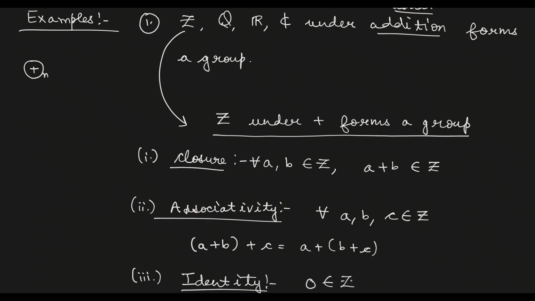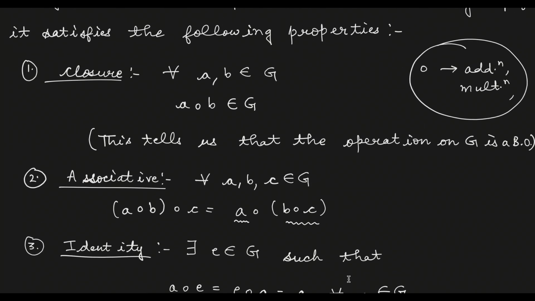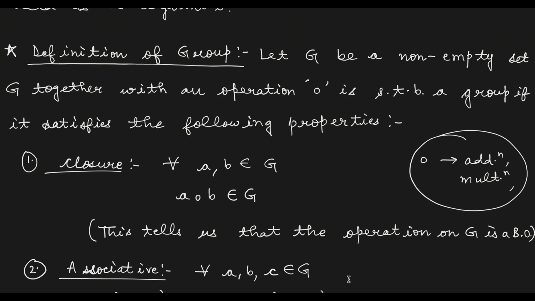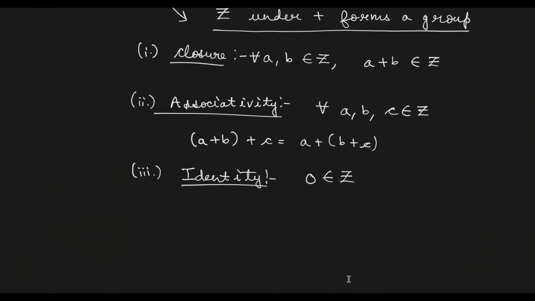Zero belongs to integers. अब रीज़न क्लियर हुआ कि हम सेट को नॉन एम्प्टी क्यों लेते हैं, क्योंकि ग्रुप होने के लिए उसके पास आइडेंटिटी होनी ज़रूरी है. आइडेंटिटी होने के लिए उसको नॉन एम्प्टी होना पड़ेगा. A plus 0 is equals to 0 plus a. This is equal to a for all a belongs to integers.